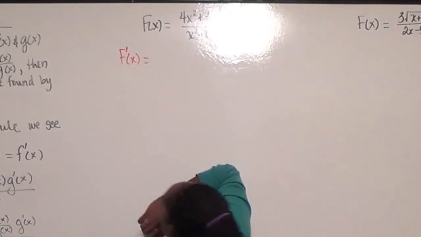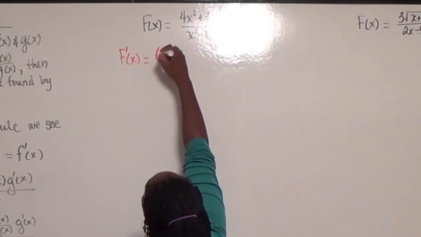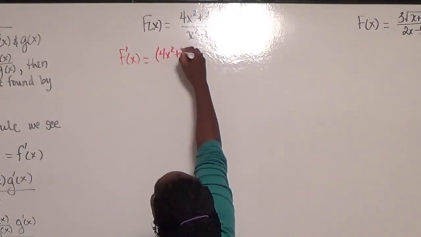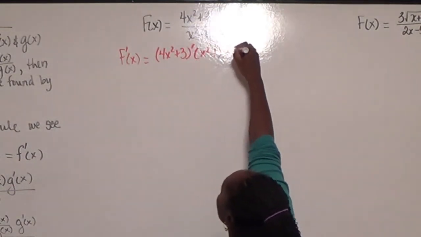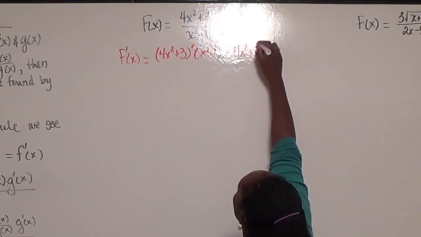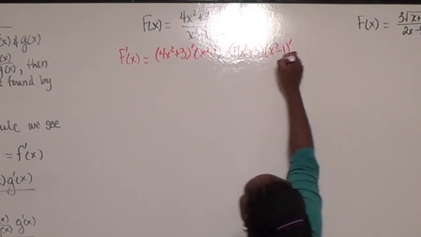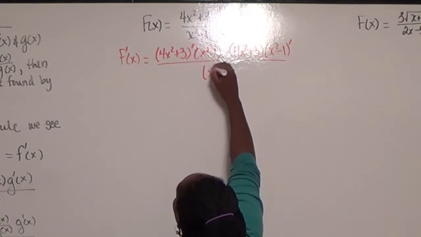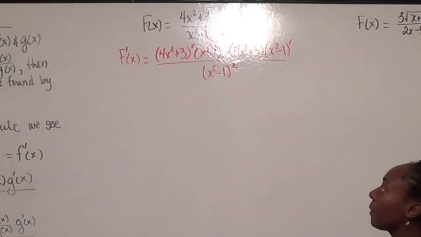Again, I'm going to use prime notation to denote this: the derivative of the top times our bottom, minus the top times the derivative of the bottom, all divided by the bottom squared.